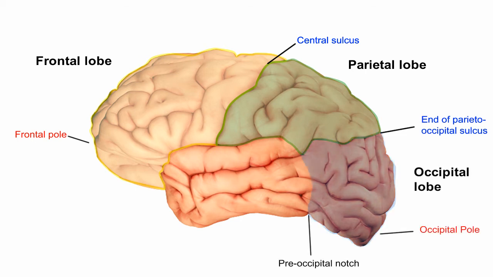The occipital lobe is the most posterior part of the cerebrum. It is defined as the region from the parieto-occipital sulcus to the tentorium cerebelli, a double fold of dura mater that separates the cerebellum from the cerebrum, and forward to the pre-occipital notch. This region of the cerebrum is concerned with vision.